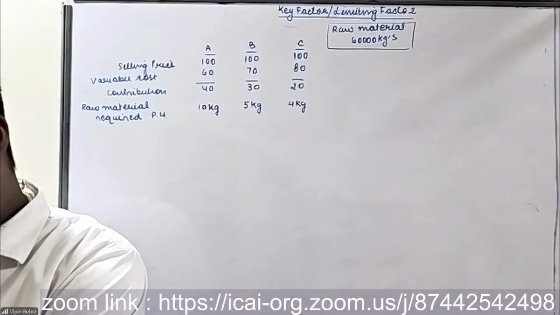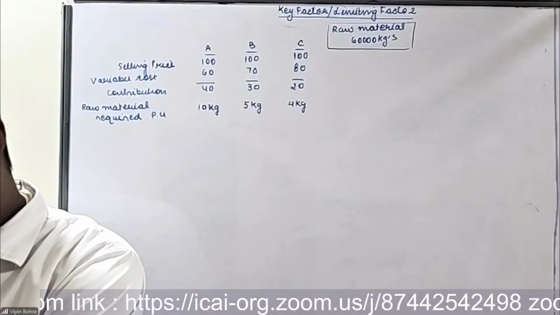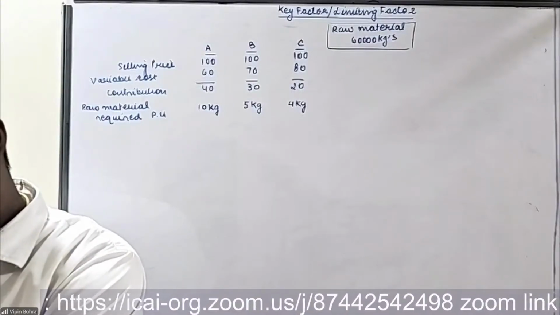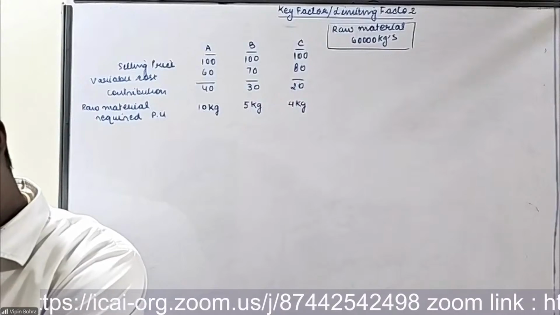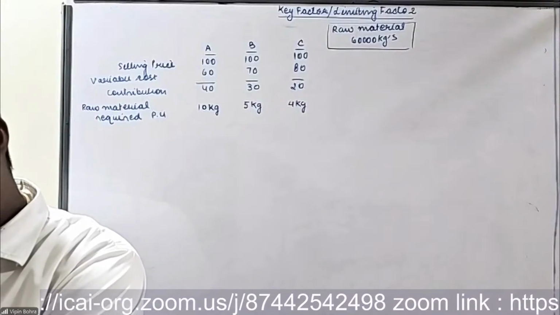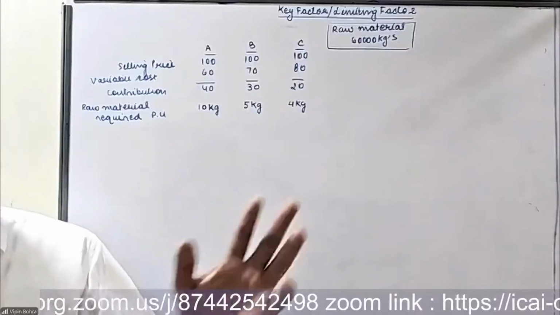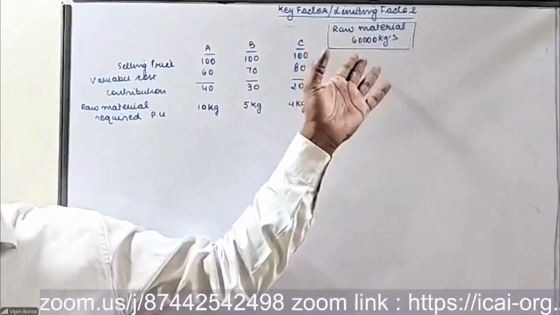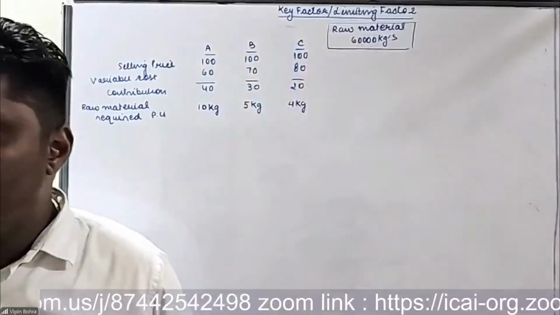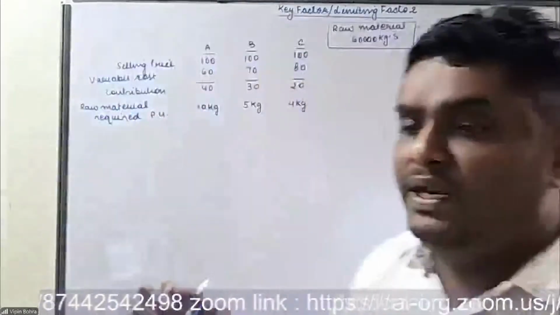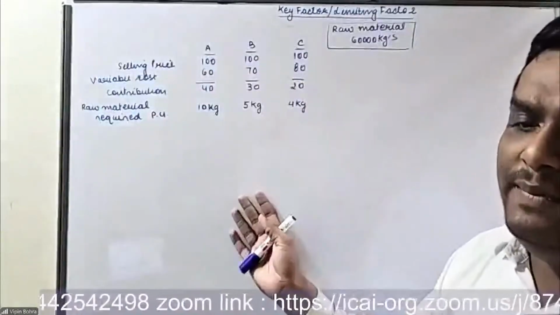Okay, so I've got an answer. These were the answers to the previous question. Now, about this question, I'm waiting for your answers, guys. Keeping in mind the situation wherein the raw material is available in very limited quantity, please advise which product we should manufacture and sell so that we can get the maximum profit.